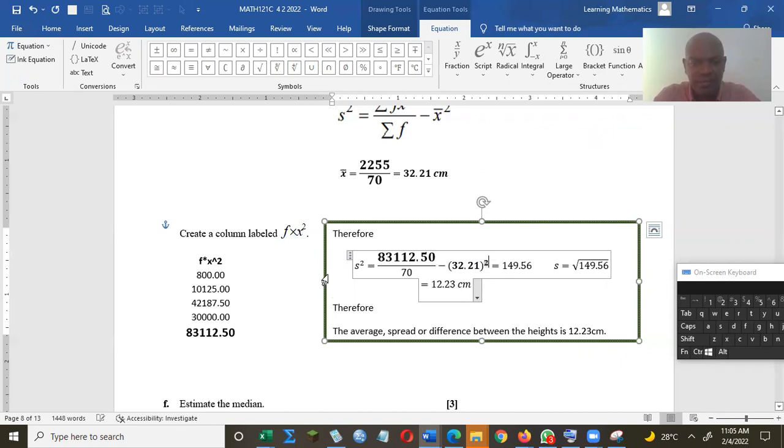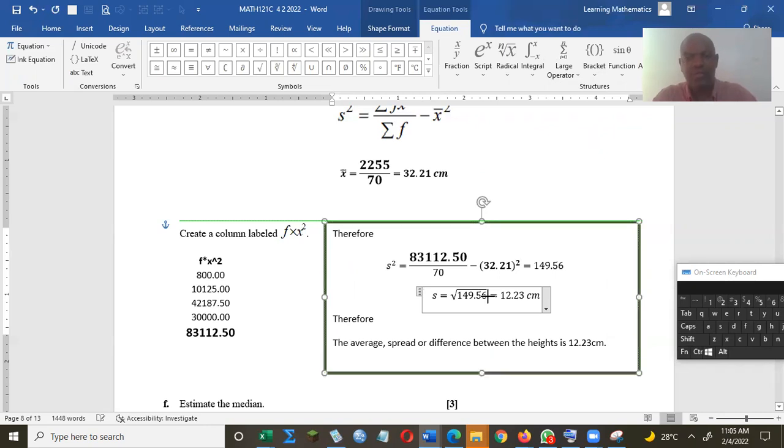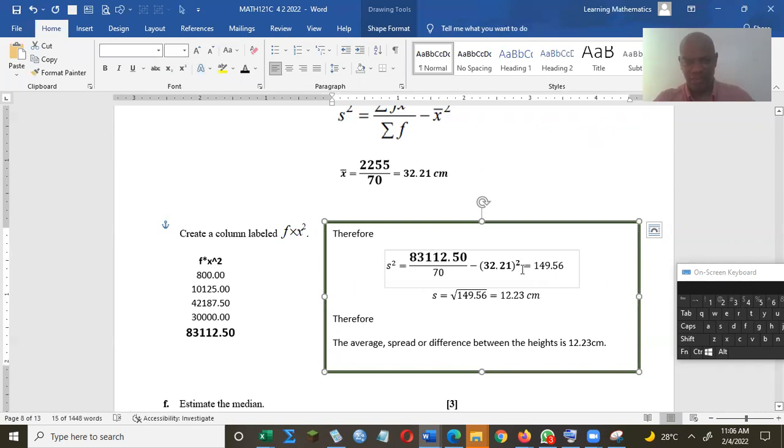All right. And press enter there. So put this in a second page. Bring this, open this a little lower down. Yes. Let us see if we get the same 149.56.